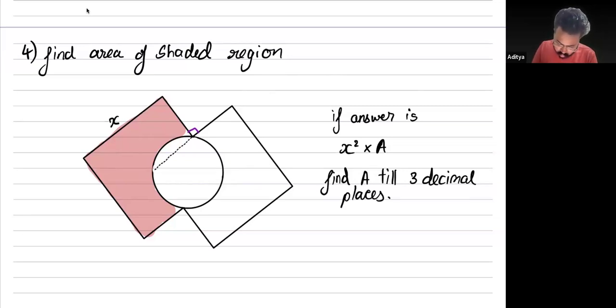Whatever is missing from the square, I have drawn it. Use that to make certain more assumptions. Again, the square's side is getting bisected, so this is equal to this.